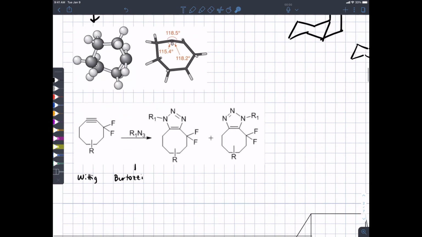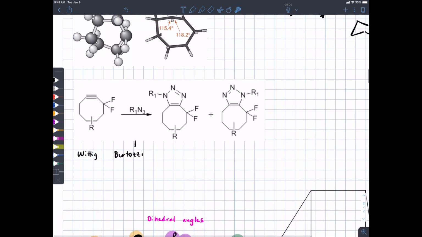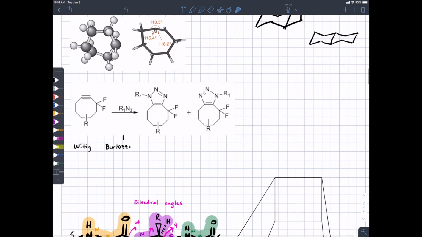So years ago, there was a study about a cycloaddition that was called the Huisgen cycloaddition.